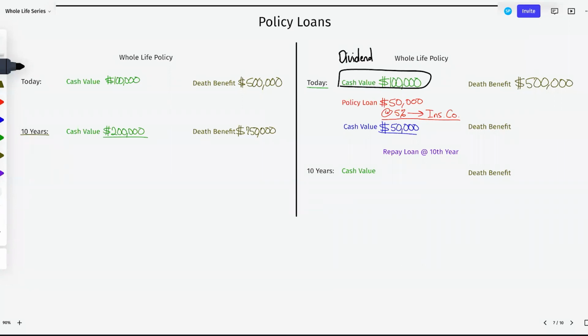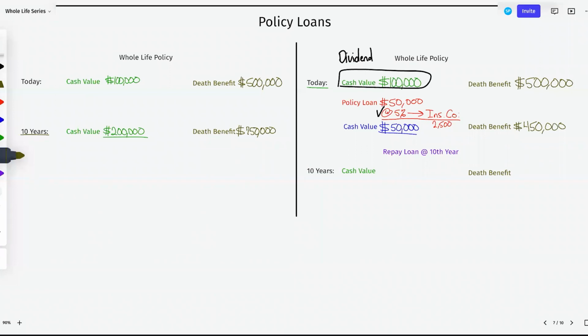So how do they do that? That's often the question that comes up. How they do that specifically is as follows. One, there is a cost to borrow. So in this particular example, 5% of $50,000 is what? $2,500 that the life insurance company received. That's in loan interest. And then here's the main thing. When we take a loan, you will find that the insurance company is going to collateralize your death benefit dollar for dollar.